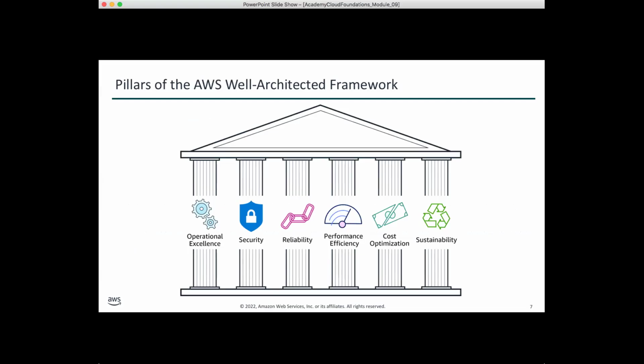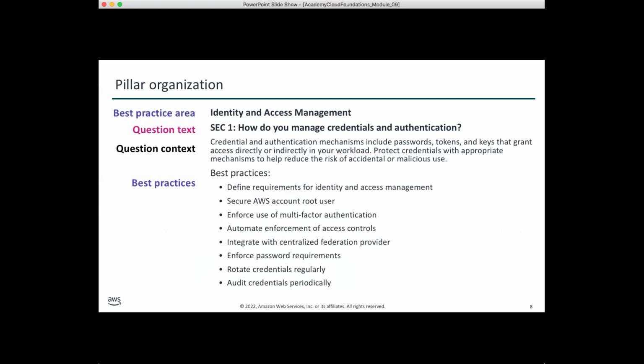Now it has 6 pillars, as you can see. What they call pillars are: operational excellence, security, reliability, performance efficiency, cost optimization, and sustainability. Now we will look at each of them individually, right?